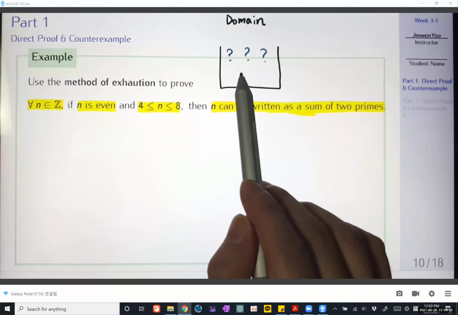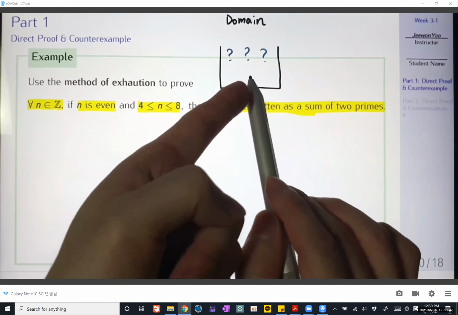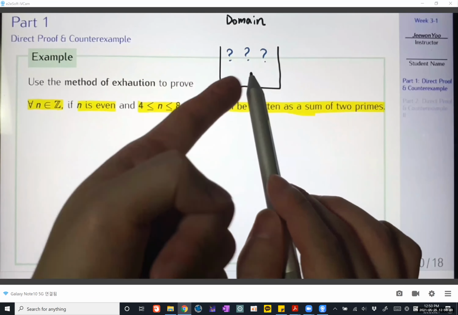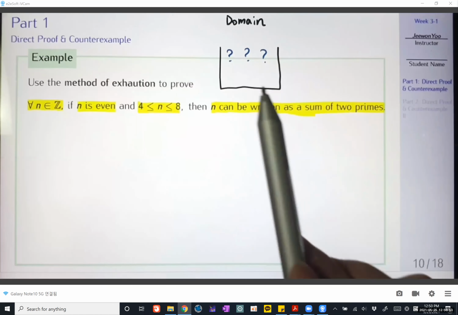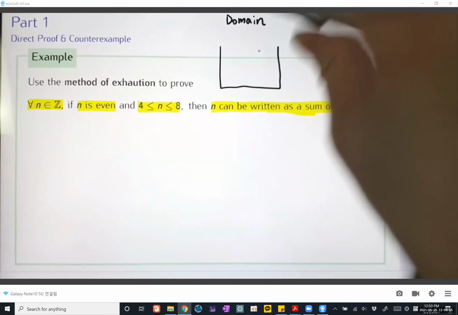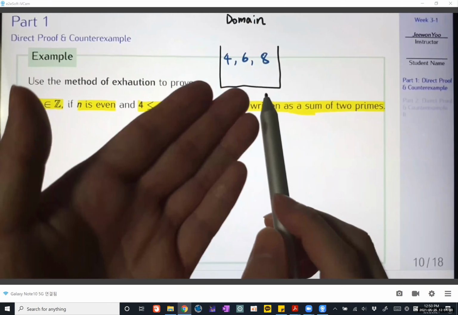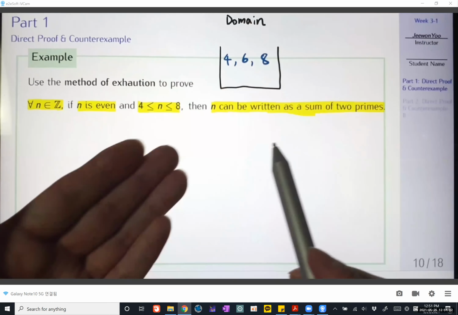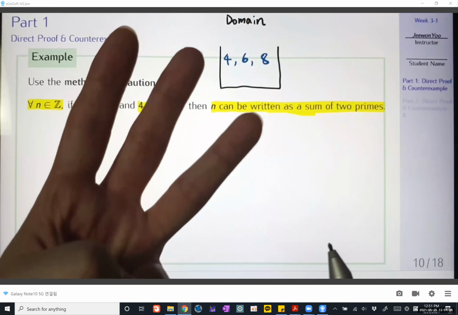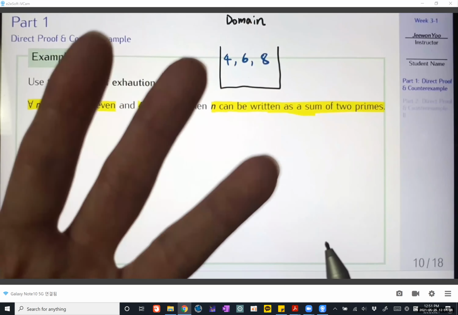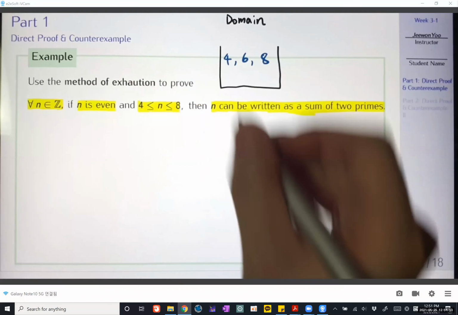Which numbers should I put in as the domain? Kira said 4, 6, 8, and I totally agree with her. So in the domain, it should be 4, 6, 8. How many times should you check for truthness? Only 3 times. That's why the method of exhaustion is simple when you're working with a finite domain. So here's the proof.